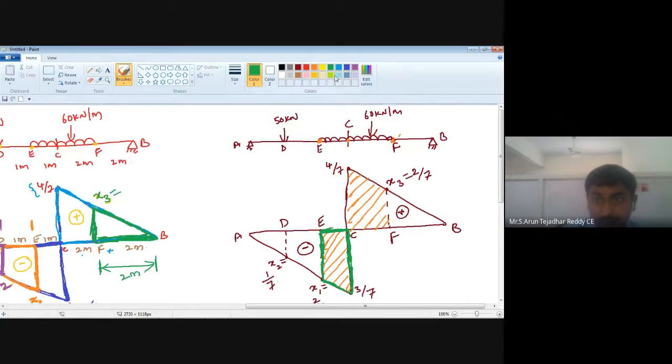Okay. Now coming to the upper portion, that is the sky blue color. This is the full shaded area.